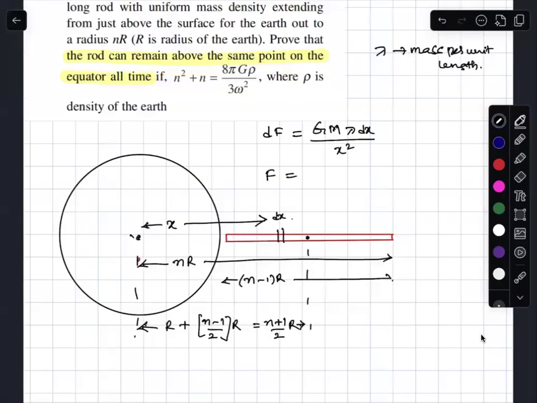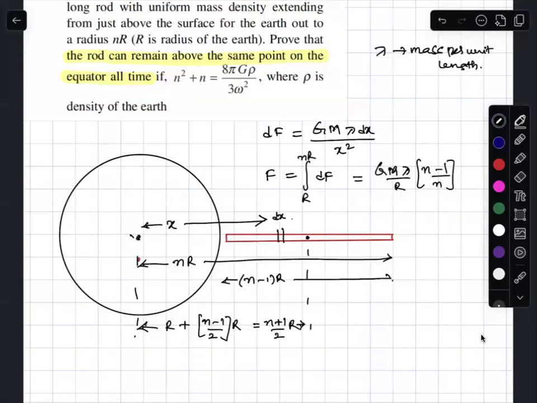The total force experienced is the integral of dF from x equal to r to nr. So you will get this value as G M lambda by r times (n minus 1) by n. Any doubt? Because we will substitute that.